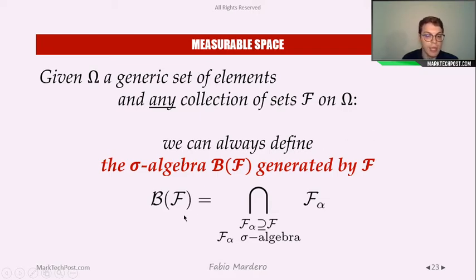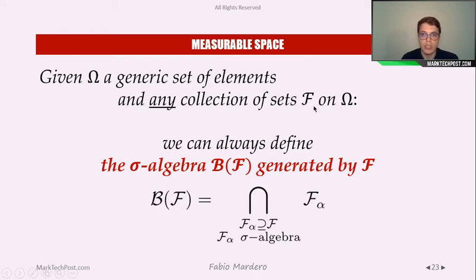And how can we define this sigma algebra? Well, we take every possible sigma algebra that contains F, and then we take the intersection between them.